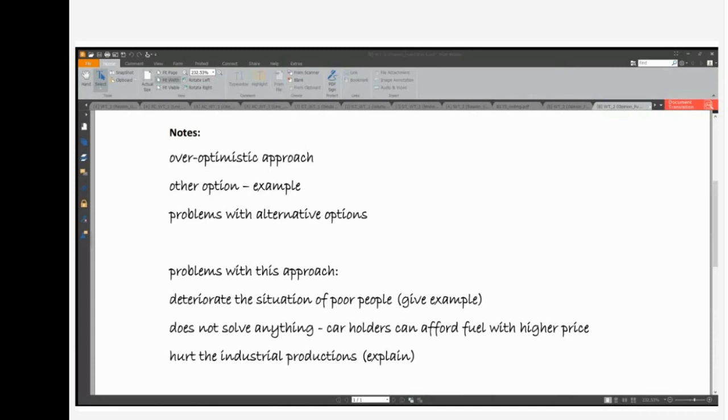So we can say many things here. To start with, we can say protecting the environment only through the price hike sounds over optimistic. So now we are actually explaining the over optimistic approach of it, something like that. You can say things like that.